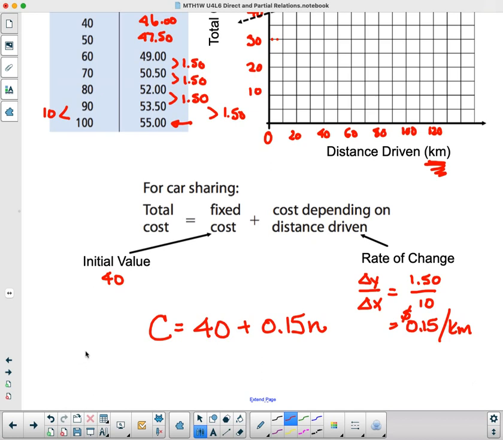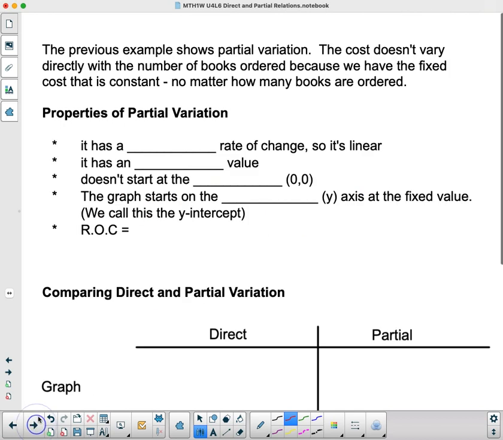Okay. So this is partial variation. And partial variation differs from direct variation like this. The previous example shows partial variation. The cost doesn't vary directly with the number of books ordered because we have a fixed cost that is constant no matter how many books are ordered.